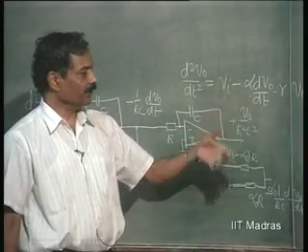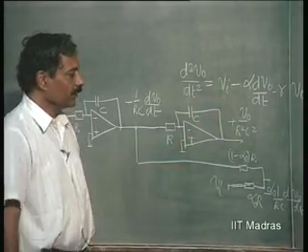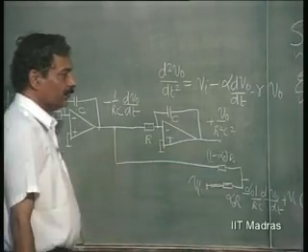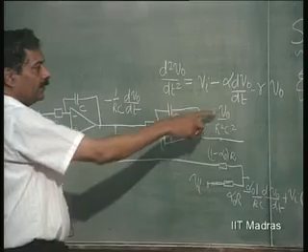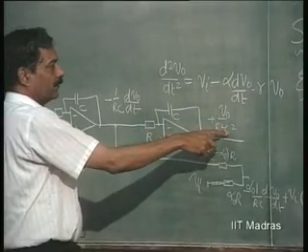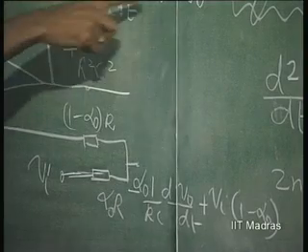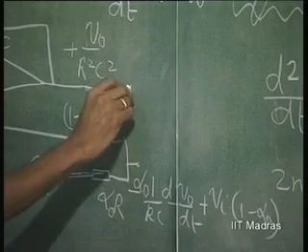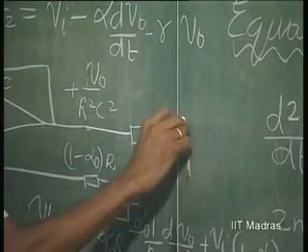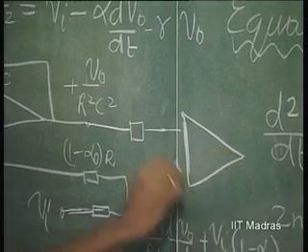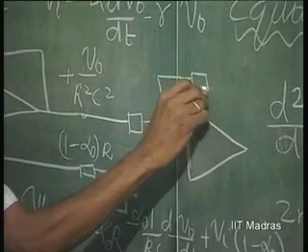We can change the coefficient by again using some other multiplying factor while adding, and then this V naught by R square C square is positive, but I want a negative thing. So, this has to be applied to the inverting terminal of the summing amplifier. This we have already discussed earlier, how to design the summing amplifier.